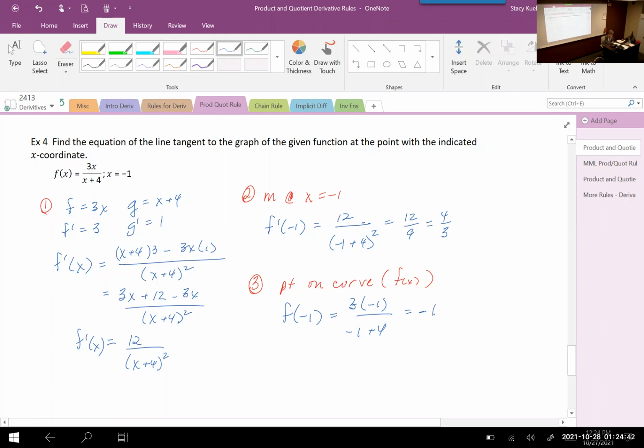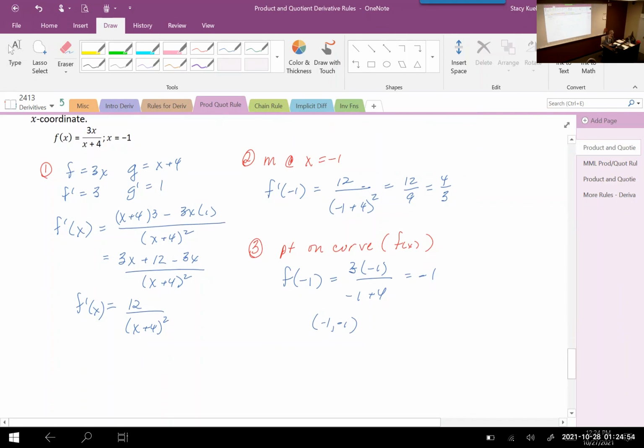Which would be -1. So the point is (-1, -1). X is -1 and y is -1. So the equation is going to be y minus a -1 is equal to 4/3 times x minus a -1.